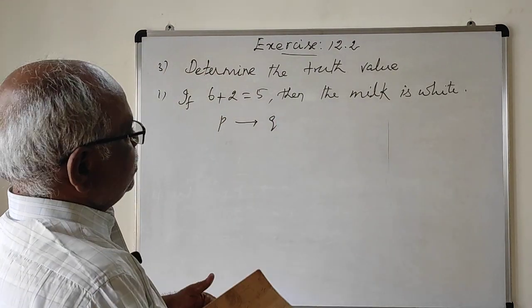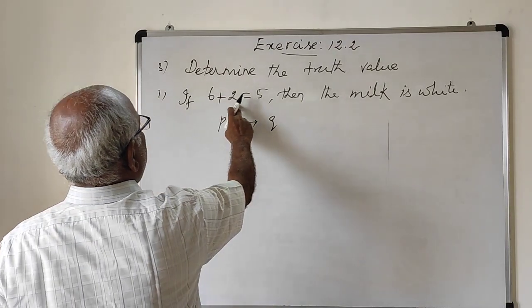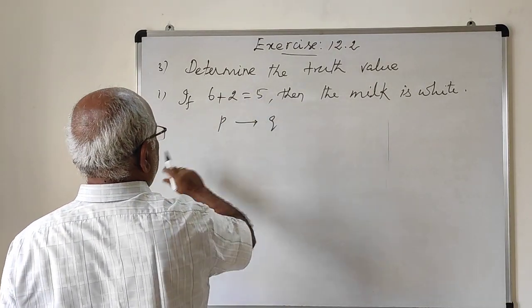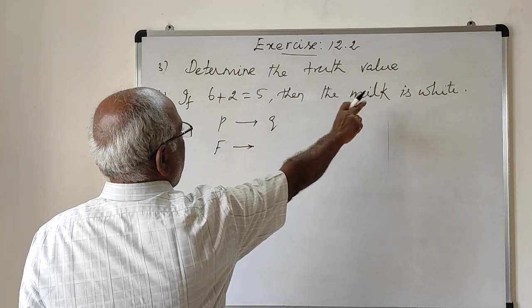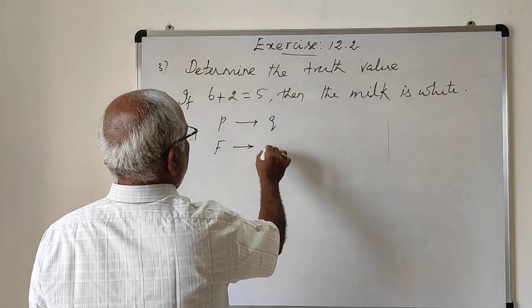What is the truth value of the statement? 6 plus 2 equal to 5 is wrong. Therefore, this is false. This tends to milk is white, which is true.